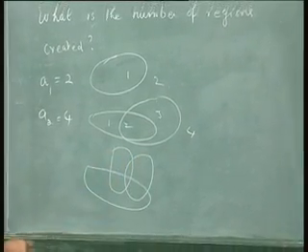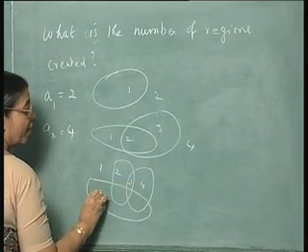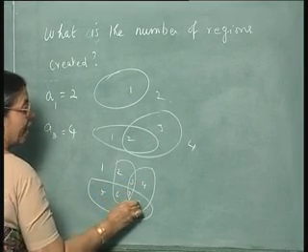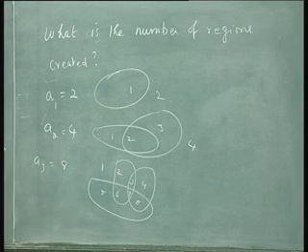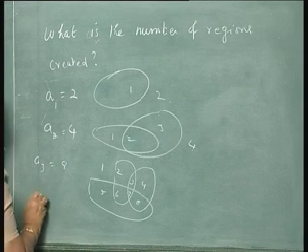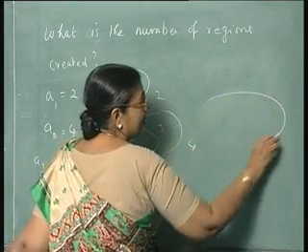If you have 3 ovals, how many regions will you have? 1, 2, 3, 4, 5, 6, 7, 8. So, A3 is 8. What about A4? You can have something like this.